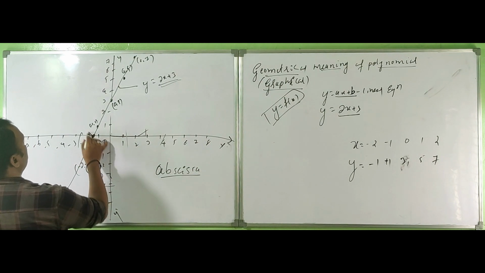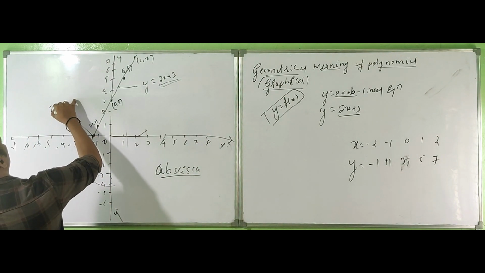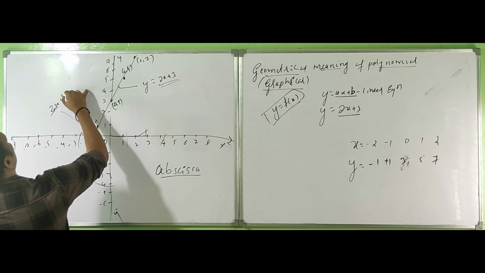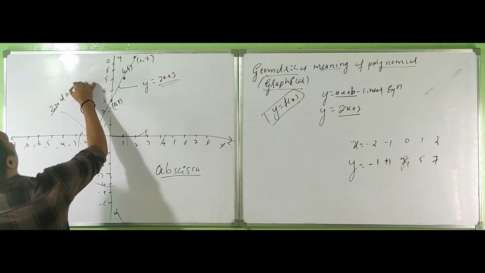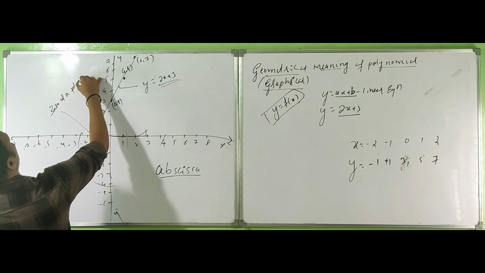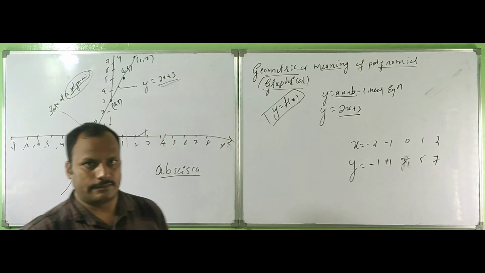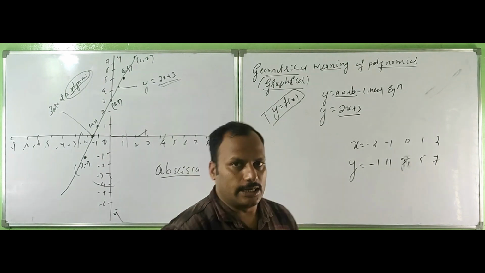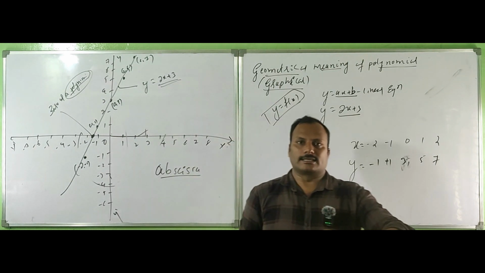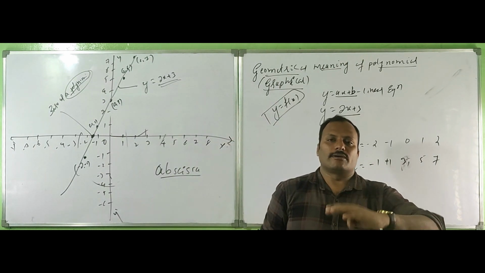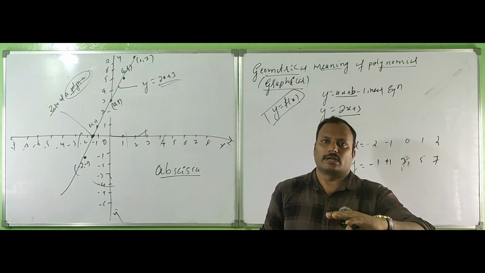This point is called the zero of a polynomial or equation. Where the line cuts the x-axis, very important, is called the zero of an equation or zero of a line.